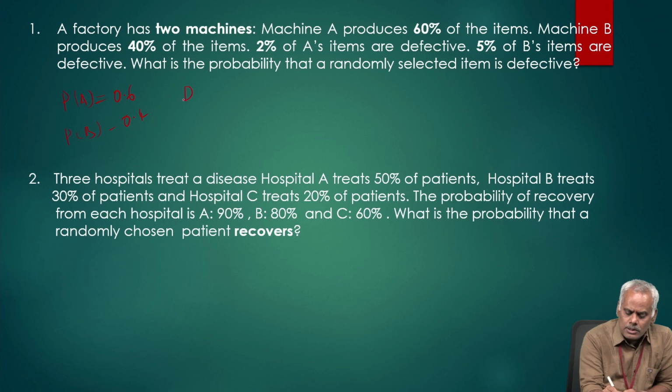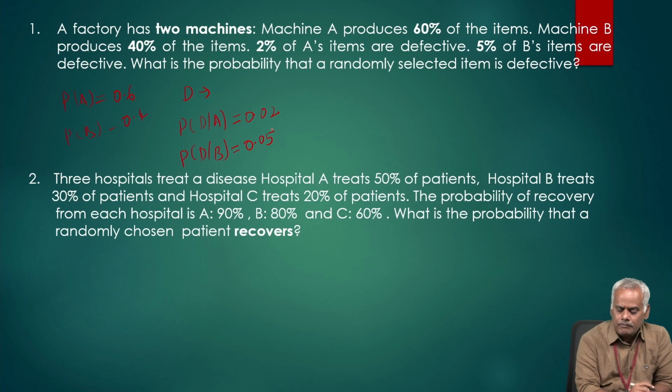Now, if you consider D as defective item, then probability of D given A, that is from machine A, is 2%, 0.02. And probability of D given B is 0.05, that is 5%. And if you choose randomly one item, then find the probability that it is a defective item.